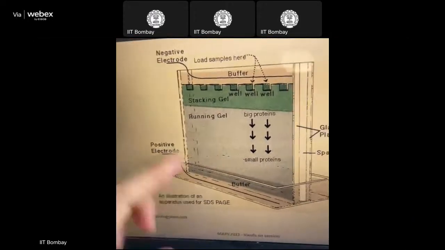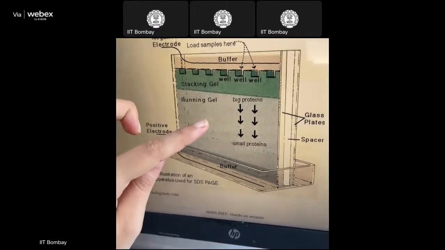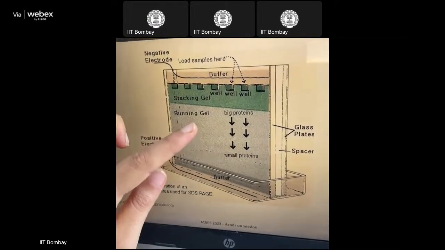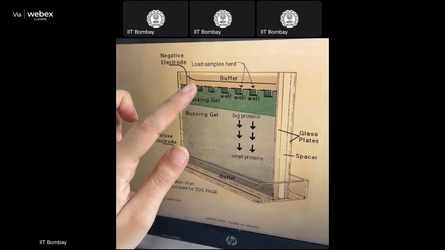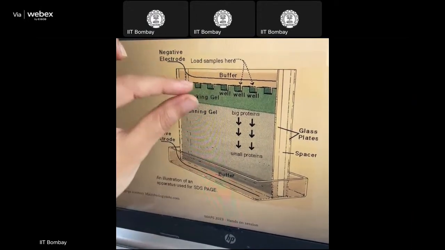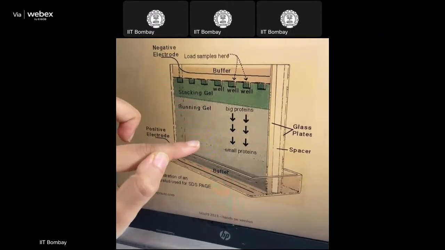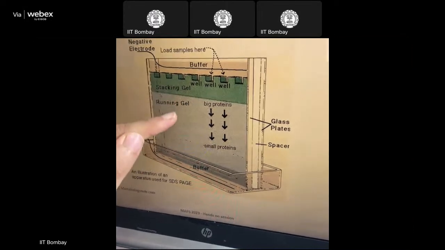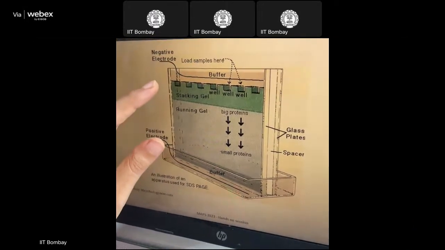You can see, as I explained, there is the running gel, which is at a higher pH and also at a higher percentage of acrylamide. And then there is the stacking gel, which is used to stack the samples, so all the samples stack into one band. And then when they start running through the running gel, the resolving gel, the bands get separated. This is how it works.